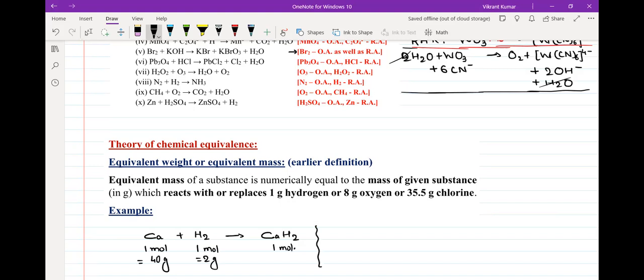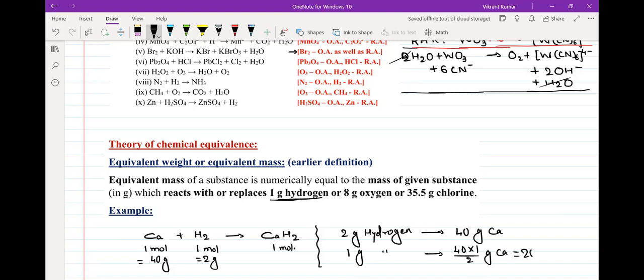Now we have a simple relation that 2 gram hydrogen is reacting with 40 gram calcium. And the definition asks how many grams of that substance will react with 1 gram hydrogen. That's the simple unitary method. So 1 gram hydrogen will react with 40 into 1 by 2 gram calcium, that is 20 gram calcium.